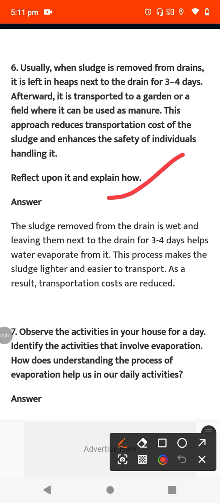Reflect upon it and explain how. The answer is, the sludge removed from the drain is wet, and leaving it next to the drain for 3 or 4 days helps water evaporate from it. This process makes the sludge lighter and easier to transport. As a result, transportation cost is also reduced.